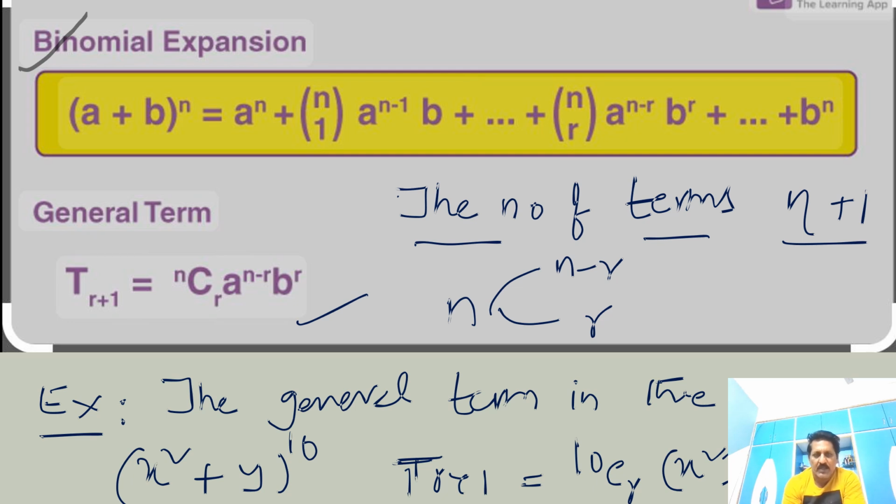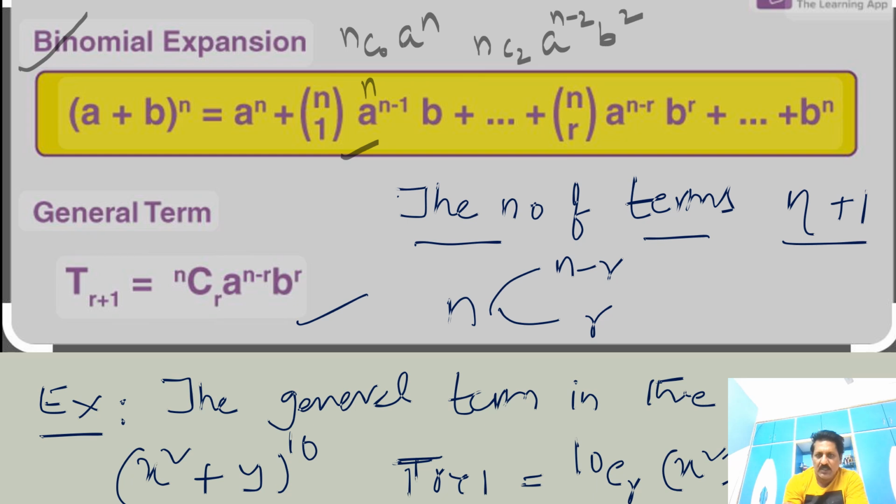So a to the power n, that means nc0. You can understand it here: out of n, selecting none, nc0. The whole power is given to a, that is the first term: nc0 a to the power n. The next one is nc1, the second term: nc1 a to the power n minus 1 b to the power 1. And the third term, if you want to write, is nc2 a power n minus 2 b squared, and so forth.